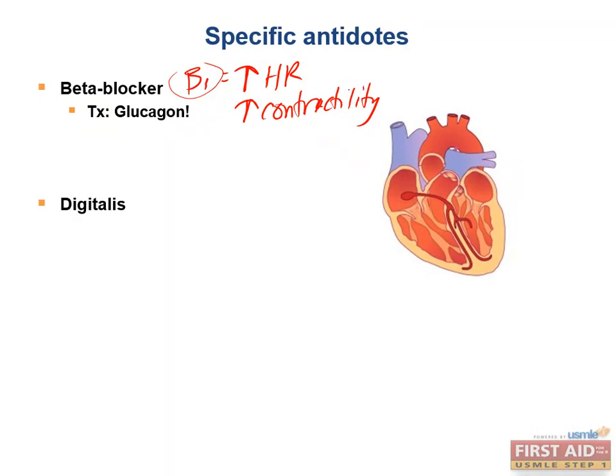Since heart disease is one of the number one killers in the United States, we should probably talk about digitalis, which is a heart drug that you're going to see all the time on your clinical rotations. Since we're talking about digitalis, let's do a little bit of cardiology review. What is the mechanism of action for digoxin? That's right, it's a cardiac glycoside that inhibits the sodium-potassium ATPase, and this leads to an inhibition of the sodium-calcium exchanger.